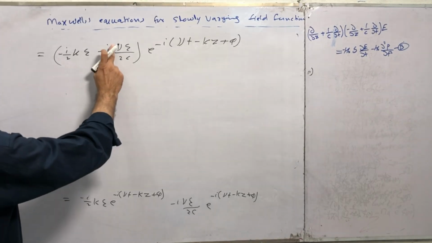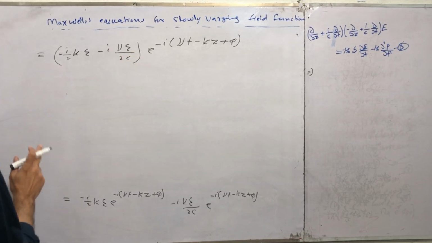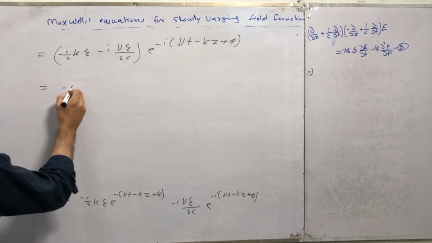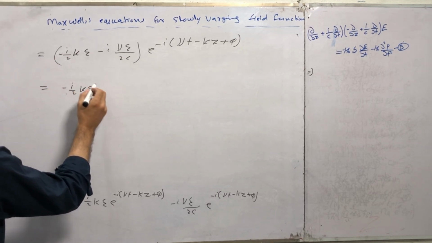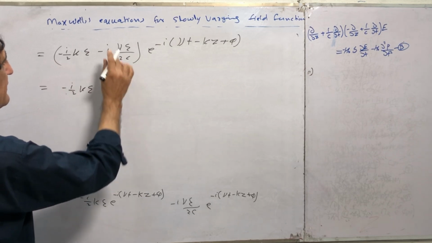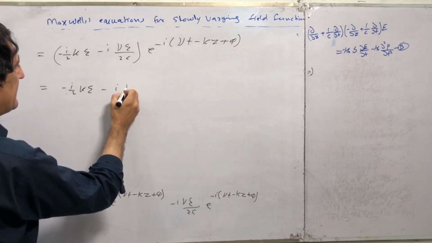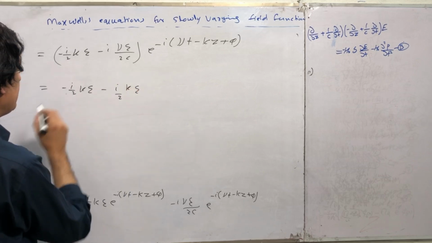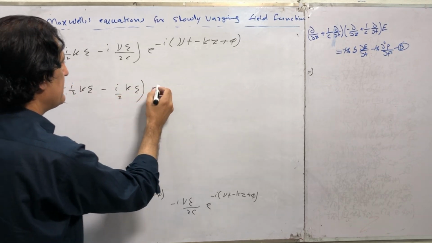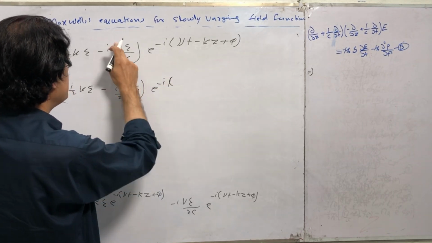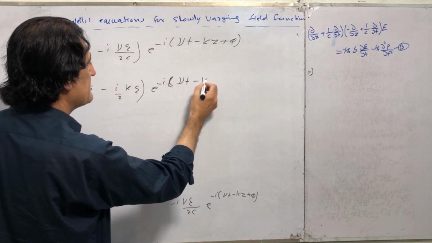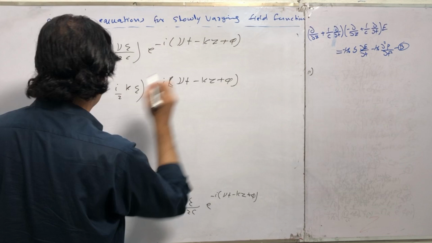Further, nu divided by c, we have already defined that this is equal to k. Minus iota divided by 2 k epsilon minus iota, and this is k divided by 2 and e to the power minus iota, because nu divided by c is equal to k, nu t minus kz plus phi.